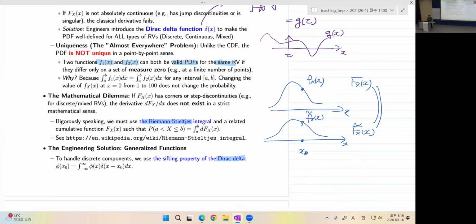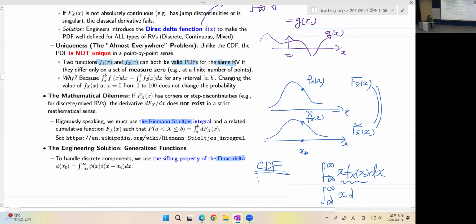Anyway, so the PDF is a little bit inferior in precisely handling our ideas. That's why mathematicians or even electrical engineers love using the CDF. The problem is that probably you remember the expected value, and this may contain a delta function or something. So instead of using this one, people use the CDF. What is this one, by the way? This is the so-called Stieltjes integral.